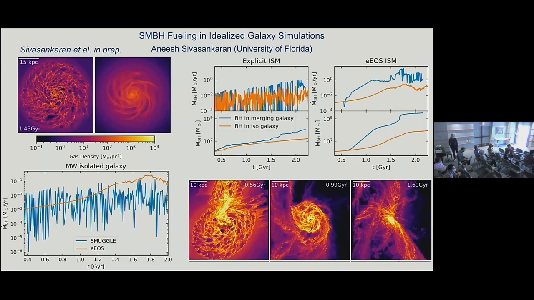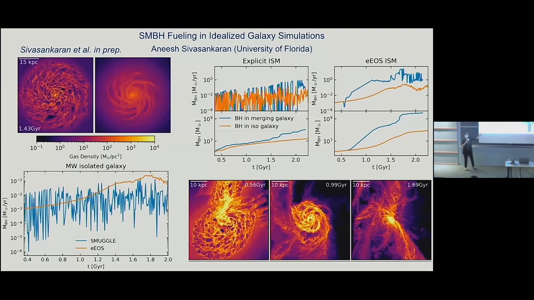Yeah, I would add to that, I mean, yes, we're not claiming that this is the actual accretion rate onto the black hole, right? But it's more of a comparison of how a Bondi-like accretion rate would vary over time, averaging over all of these heterogeneous density media.